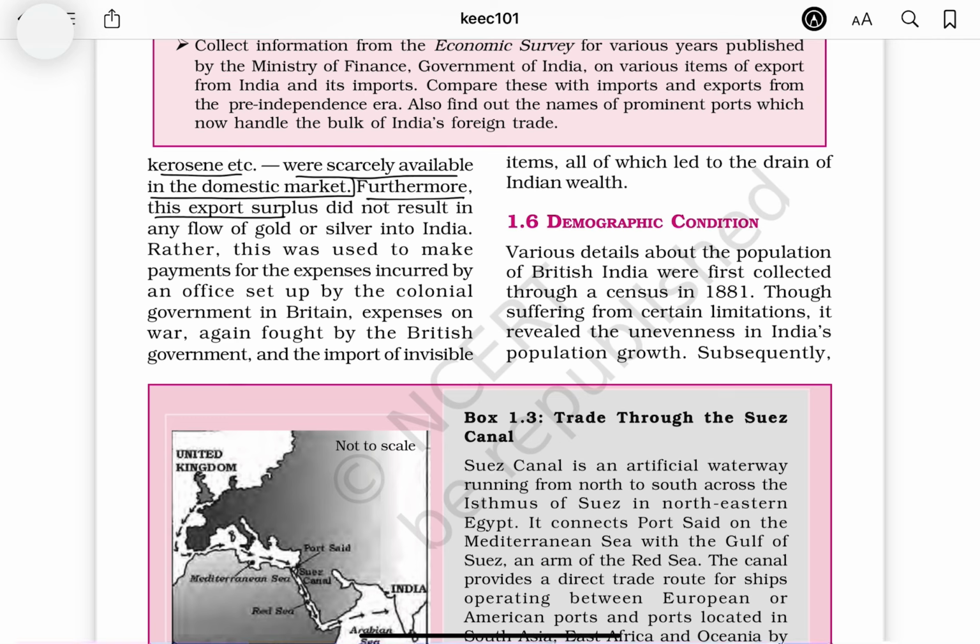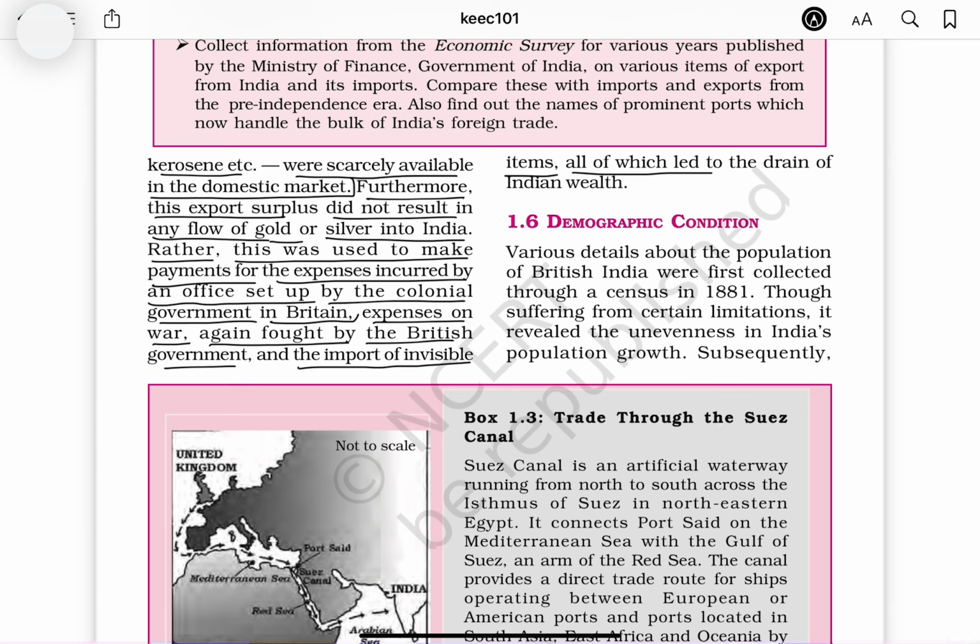Furthermore, this export surplus did not result in any flow of gold or silver into India. Rather, this was used to make payments for the expenses incurred by an office set up by the colonial government in Britain, expenses on wars fought by the British government, and the import of invisible items, all of which led to the drain of Indian wealth.